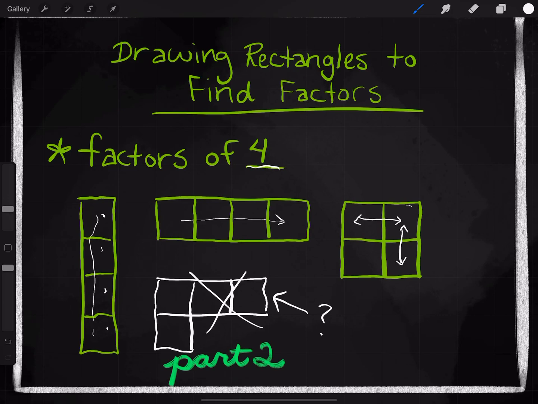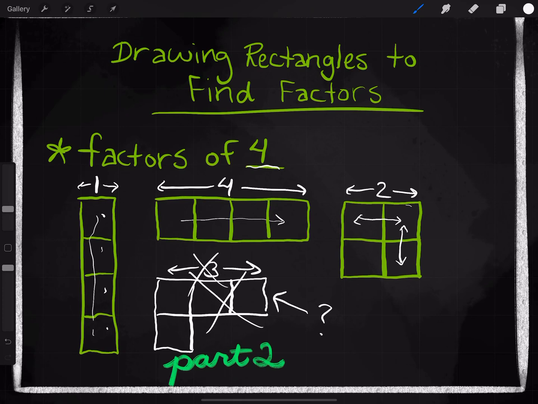Okay, so now if I want to find the factors based on my pictures, I would say, well, this one has 1 square across, so 1 is a factor of 4. This one has 4 squares across, so 4 is a factor of 4. This one has 2 squares across, so 2 is a factor of 4. Now this one down here had 3 squares across, however, it did not make a rectangle, so 3 is not a factor of 4.